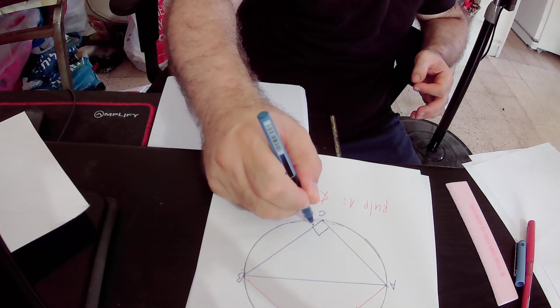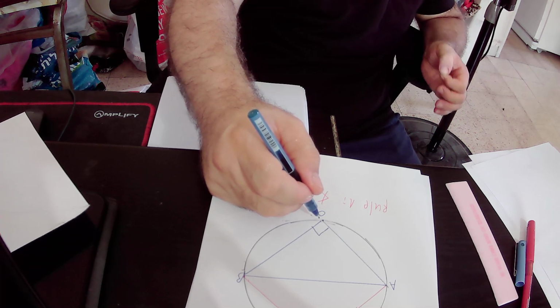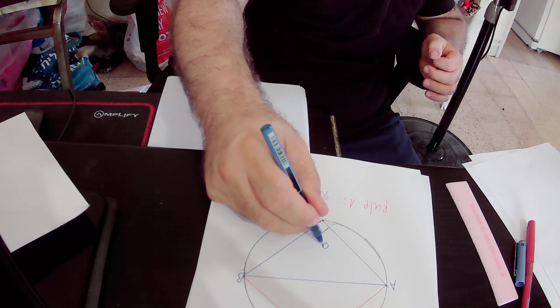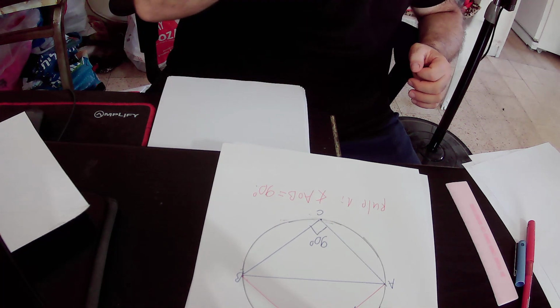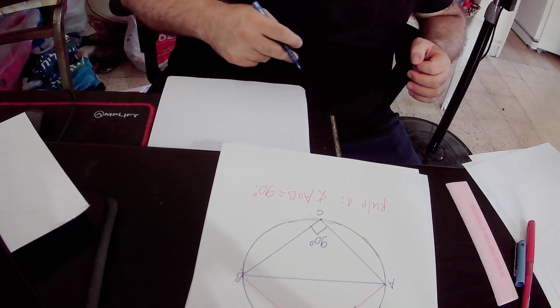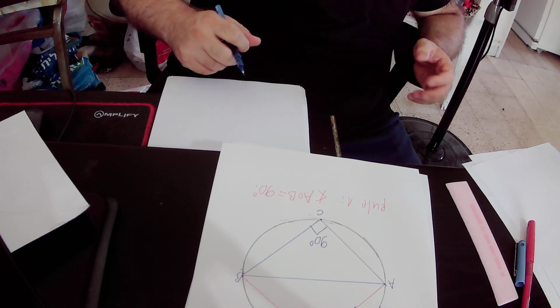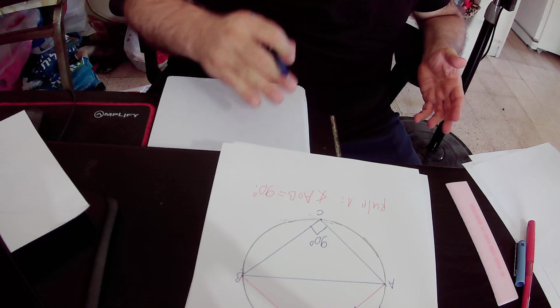Okay, so any peripheral angle that rests on the diameter of the circle equals 90 degrees. Actually, we can implement rule number 1 in our circle.